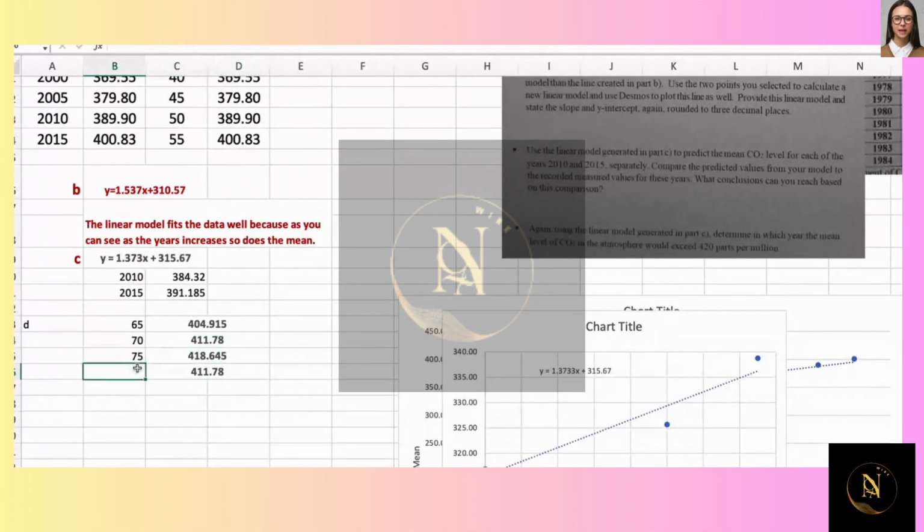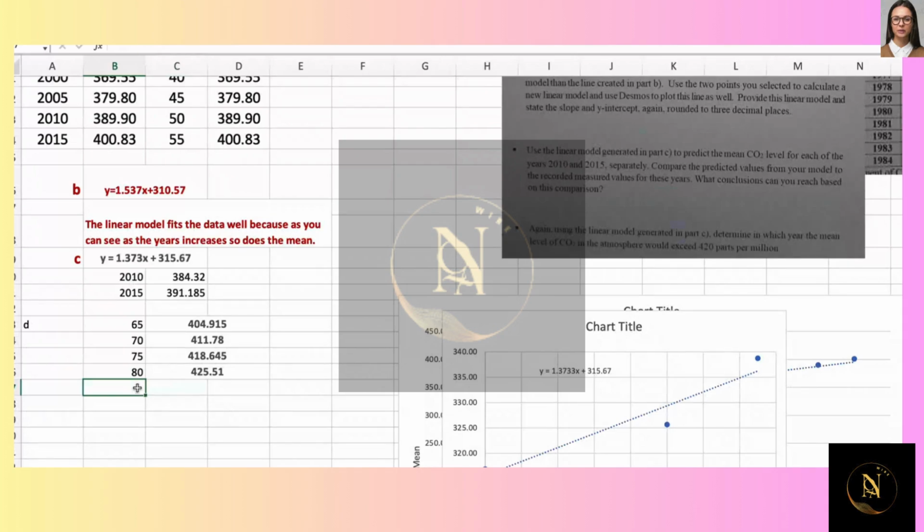And let's try 80. I think we'll be lucky with 80. Or I'm sorry, 75. Let's try 75. So hold on. This is 75. This is 80 now. So I would say 80 years.